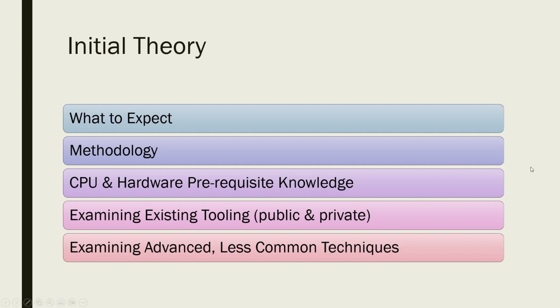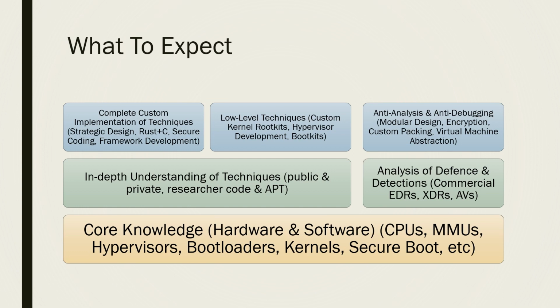Okay. Cool. And so, part of what to expect, like I said, we'll be leveraging a lot of custom implementation of techniques, and the custom implementation will focus a lot on Rust. So we're going to be using a lot of Rust code in this course.